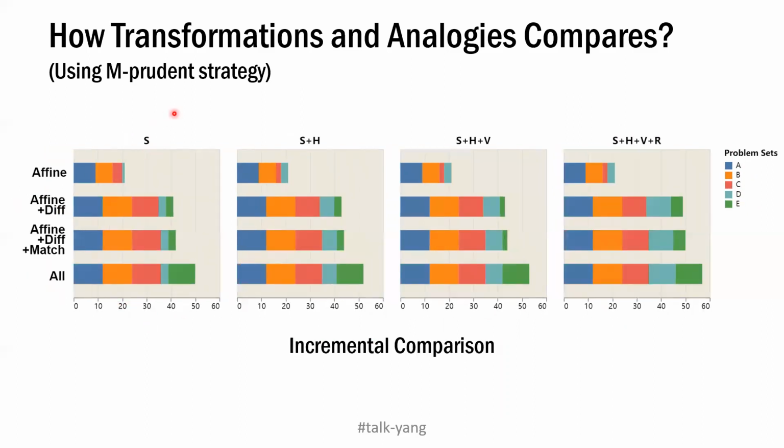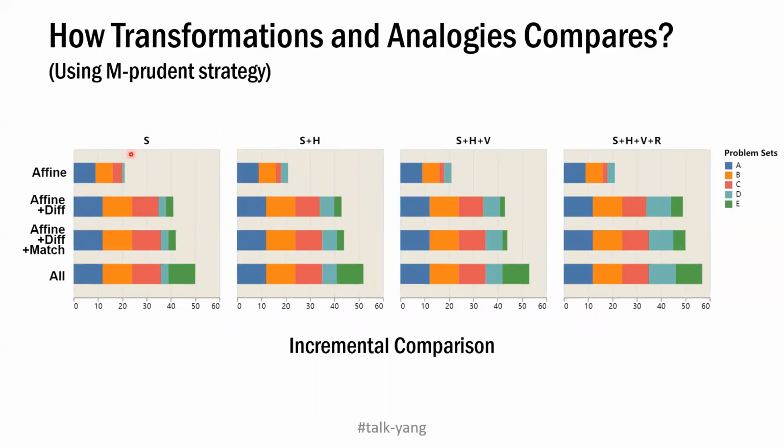Furthermore, we put this comparison in an incremental way by gradually adding more and more analogies and transformations into our model. As you can see, there are monotonic increases in both vertical and horizontal direction. But the increases in the vertical direction are much more significant than the increases in the horizontal direction.